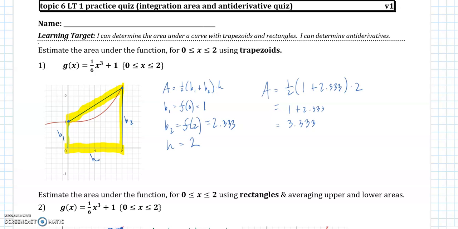The height is 2, and then I just plug those in. Area equals 1/2 of the two bases added times the height, 2, and the 2 and 1/2 cancel each other. So I end up with just the two bases added together, which is about 3.333 units cubed.